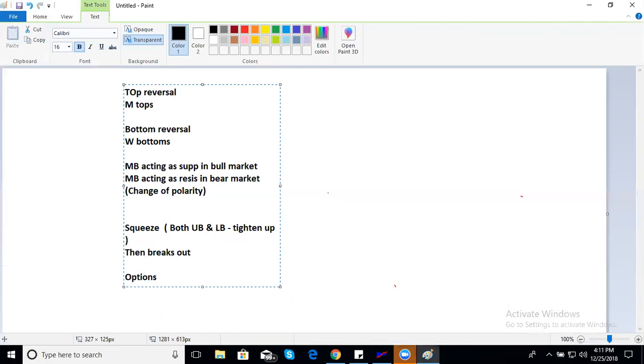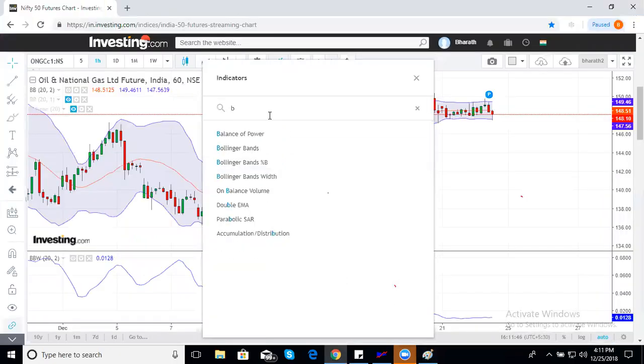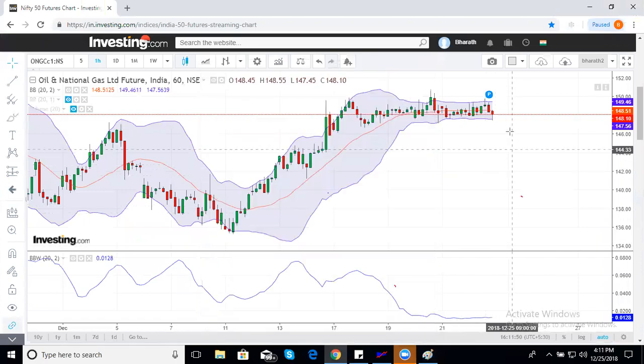You can use something called BB bandwidth, which is there in your Moneycontrol. As I showed here, go to indicators, bandwidth. Why bandwidth? It will show you the width between the upper and lower band is so tight, that is, it is squeezing. It's going to break out soon. And squeeze breakout will give you quick money. That's why I said buy options. I think this is what I want to teach.